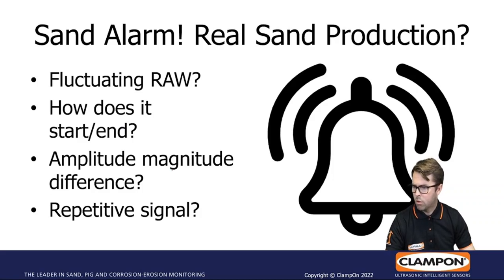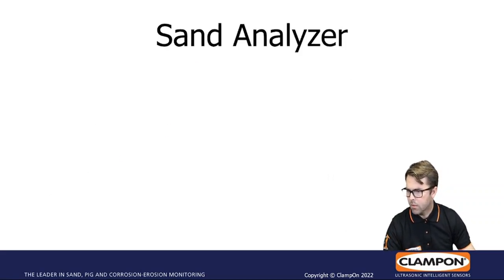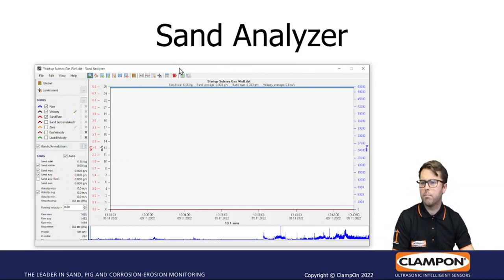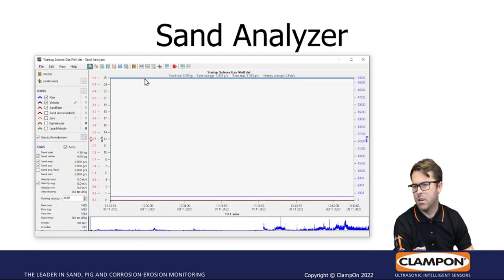So now I plan to show you some data. This software is called Sand Analyzer. As you can see here, the blue color is the raw value from the sensor. This raw value is updated every second from the sensor.